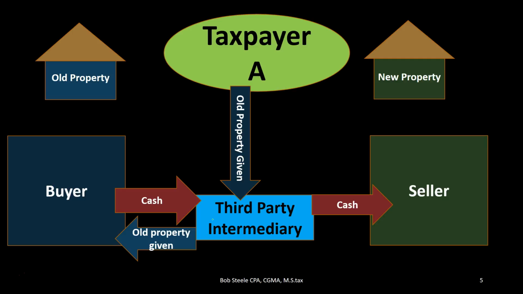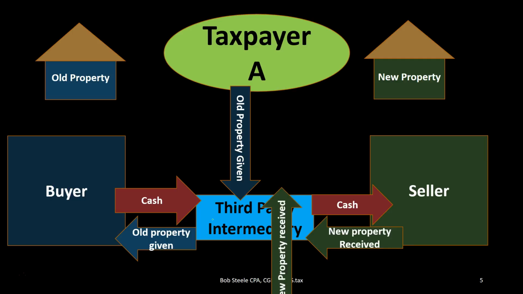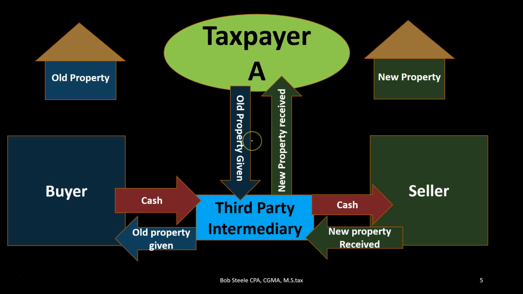And of course, the seller of the new property is going to give the new property to the third-party intermediary, and then the third-party intermediary gives that property to A. So A then is in the same situation as the original kind of swap exchange for the most part, in that they gave up their old property, they received the new property, and therefore they can just transfer over the basis in the new property through that transaction.